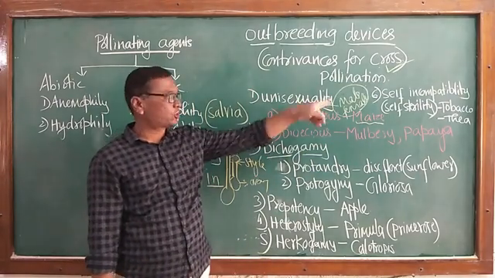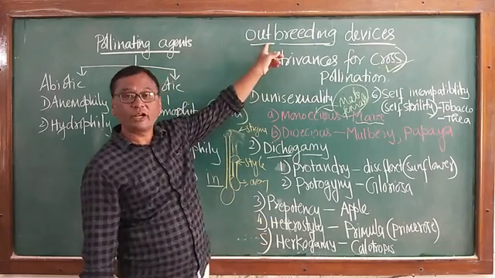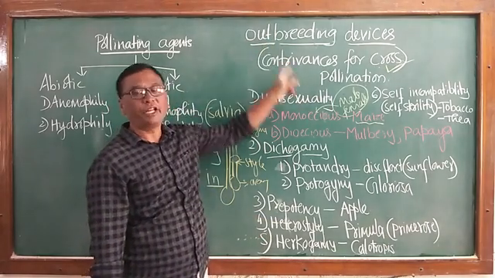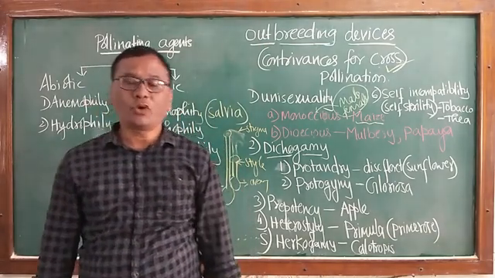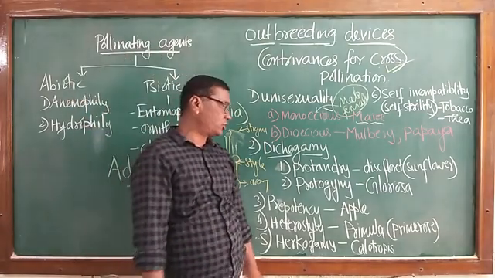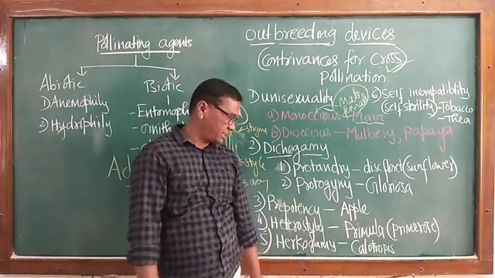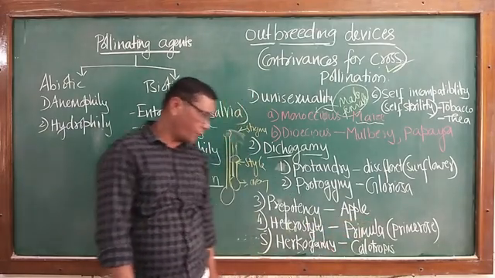As it favors cross-pollination, heterostyly is also considered an outbreeding device to achieve xenogamy and to avoid autogamy. It is to avoid self-pollination. Examples: primula or primrose.